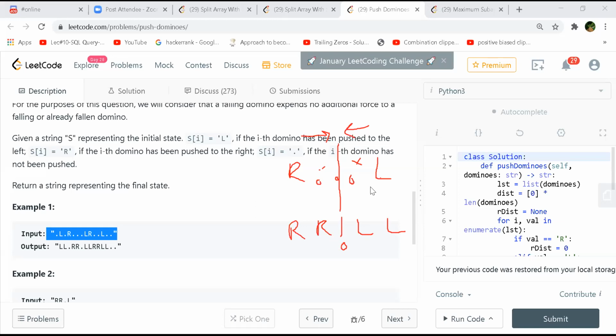So the odd length will always be balanced, and if it was an even length, we would not have this dot here, correct? So if it was like this, in this case, I'll just draw it here. It will be R and L, right?